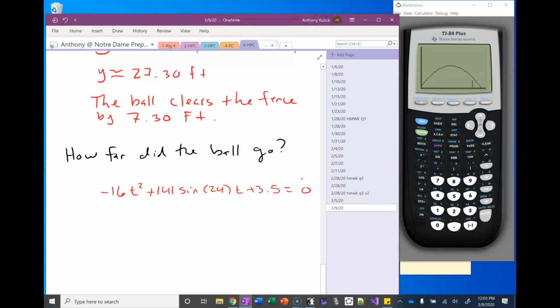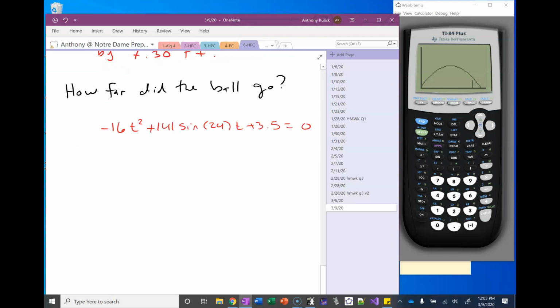What kind of an equation is this? Starts with a Q, quadratic. How would I solve a quadratic equation like this? I would use the quadratic formula.